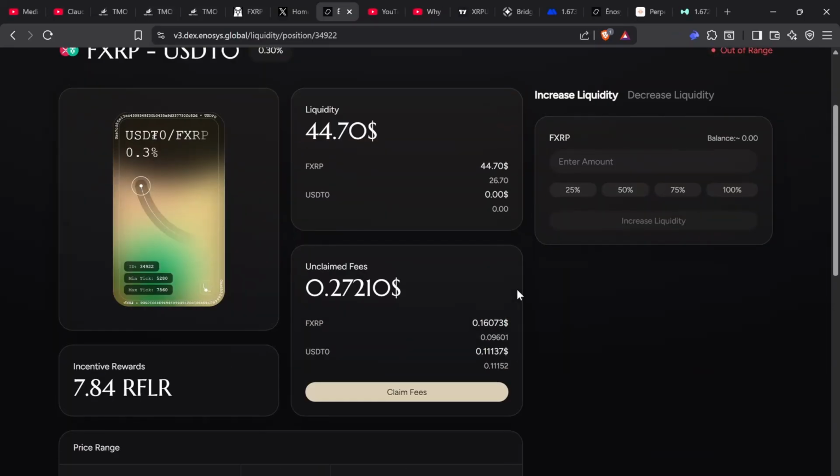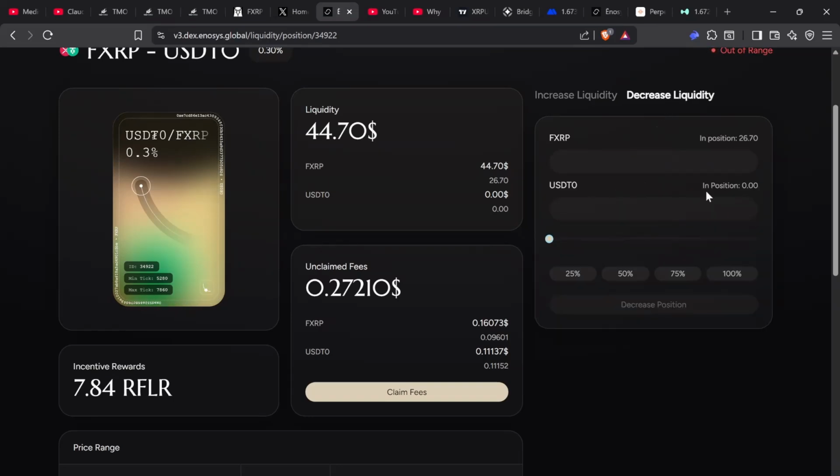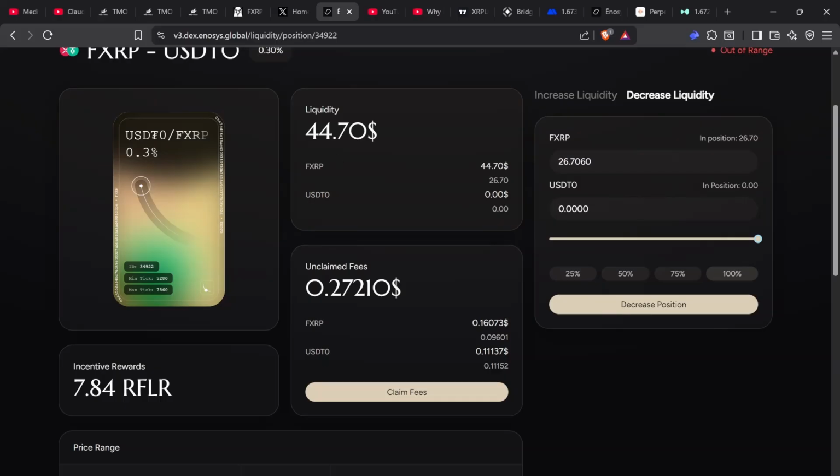Guys, welcome back. I'm still not sure exactly what's happening. So what I'm thinking I'm going to do is just exit, close my short, close everything, and then see how much money I have and see if that worked or didn't.